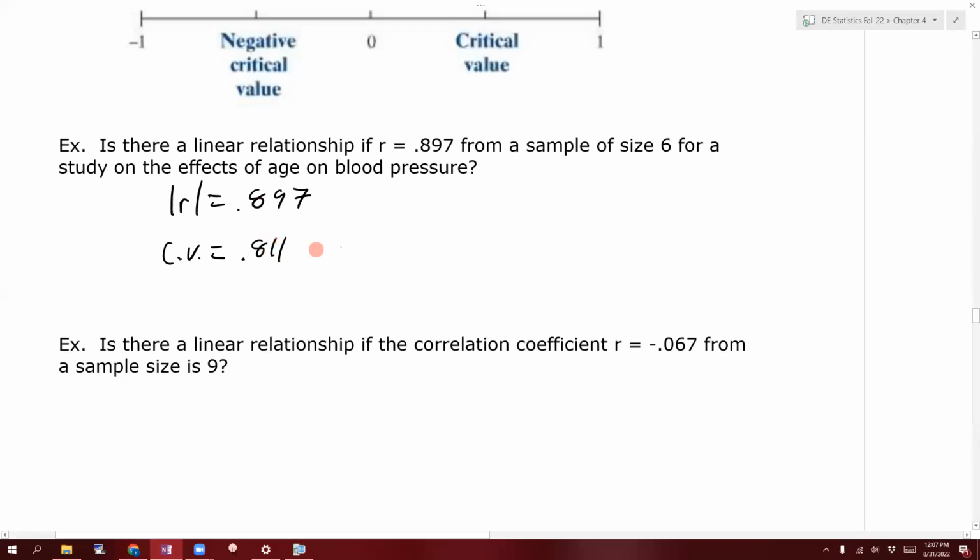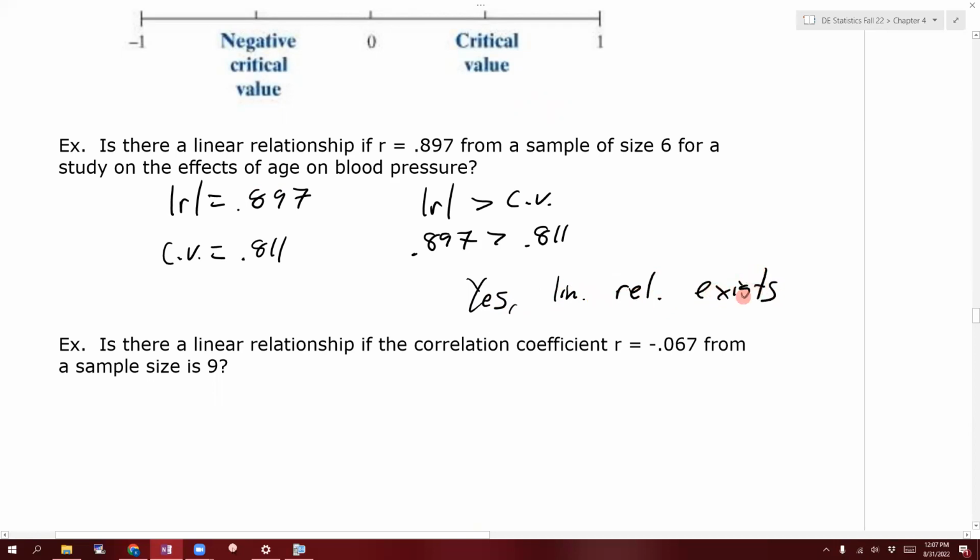And then we check to see, is the absolute value of our R greater than our critical value? Yes. So a linear relationship exists. So because the absolute value of our R is greater than the critical value, we have enough information to say that there is a linear relationship between our X and our Y variable.